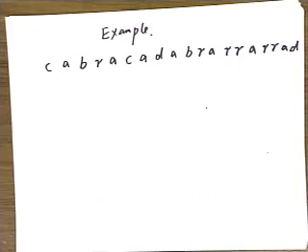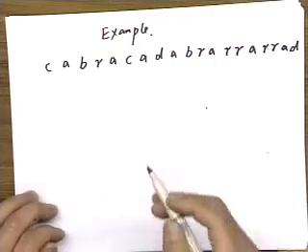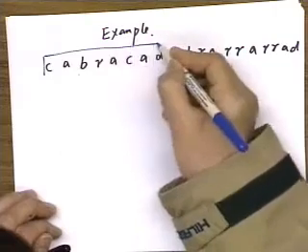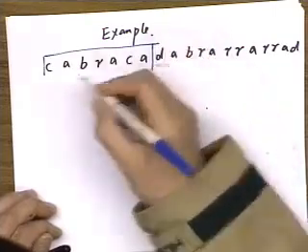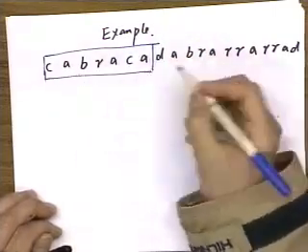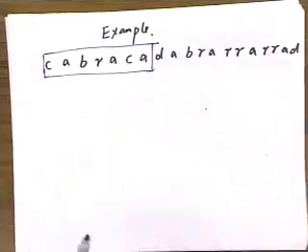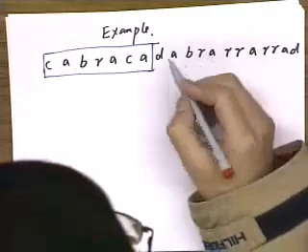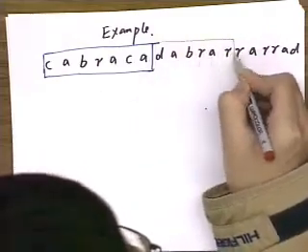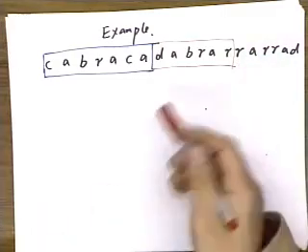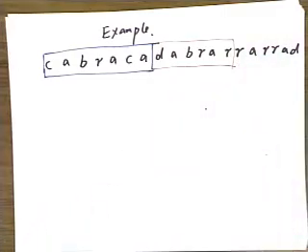The size of the look-ahead buffer is 6, and the size of the search buffer is 7. So first we have 7, 1, 2, 3. This is our search buffer, and this is our look-ahead buffer. So actually it covers all three cases in this example.